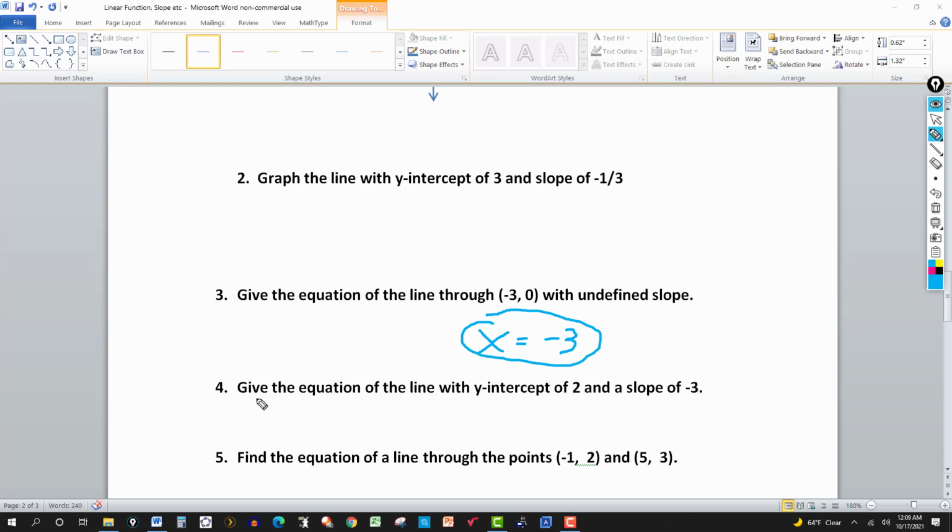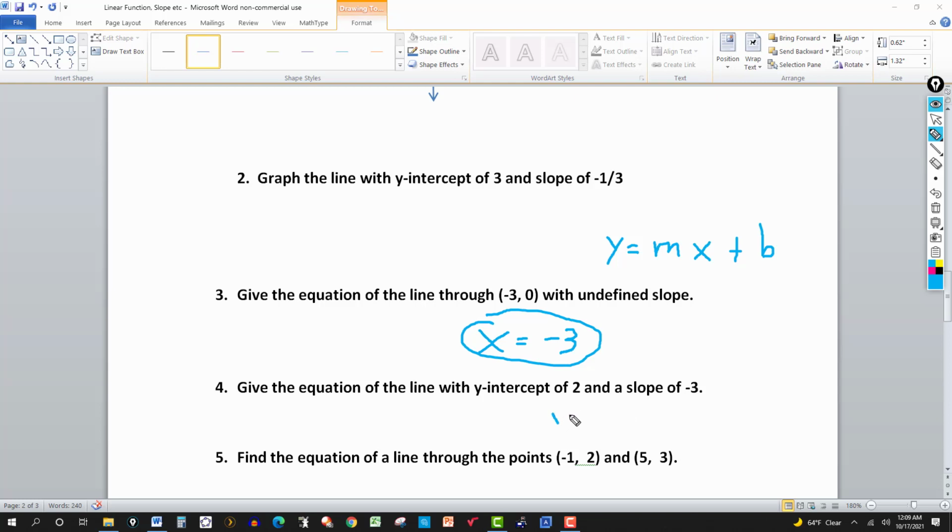Okay, the next one says, give the equation of the line with y-intercept of 2 and slope of -3. Okay, well, here we want to use the slope-intercept form, which is this right here. We looked at that earlier. So just plug in the value for m. It gives you the slope, it gives you the y-intercept.